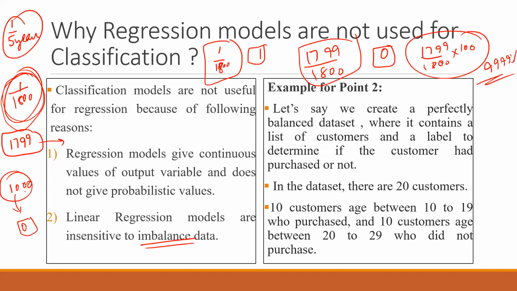Even if you say 0 every time, and one out of 1000 was an earthquake day but you said 0, this much is the error, 1 by 1000, which is 0.1%. It is very low. And again, someone with zero experience will say that even if your model is giving 0.1% error, that is very low, so your model is good.